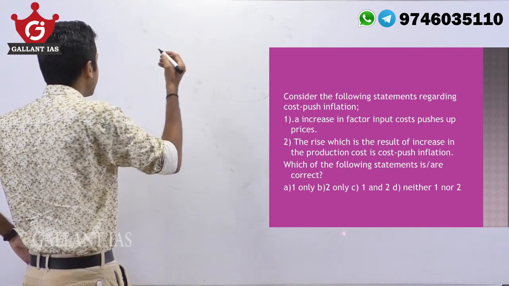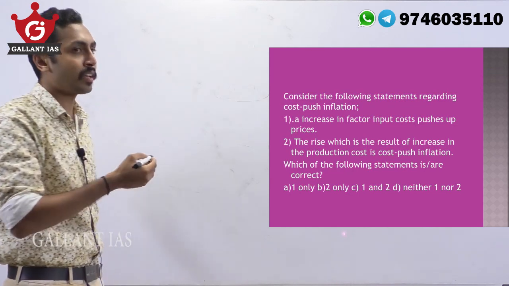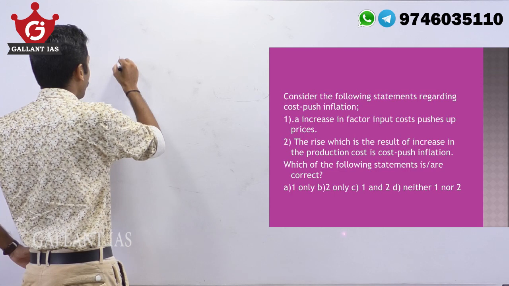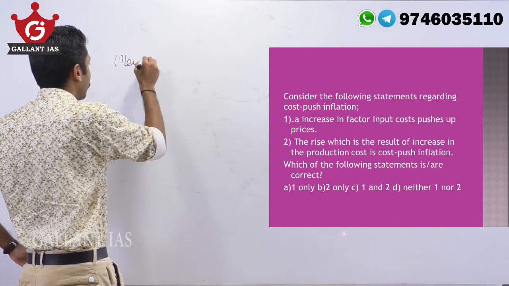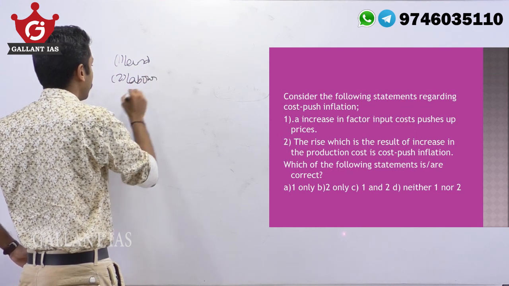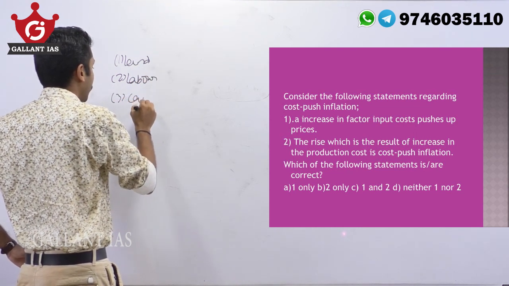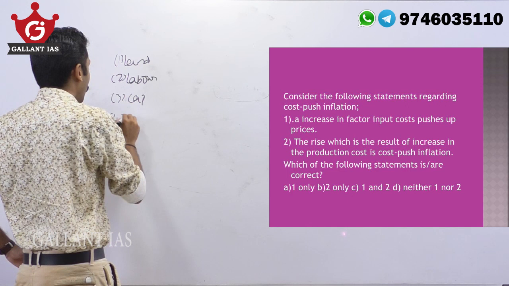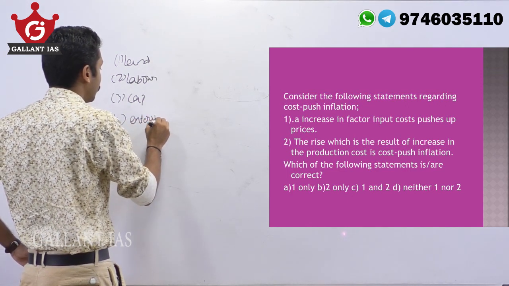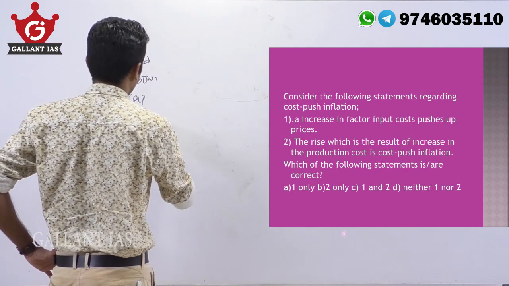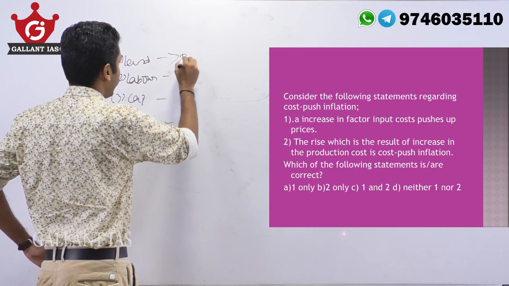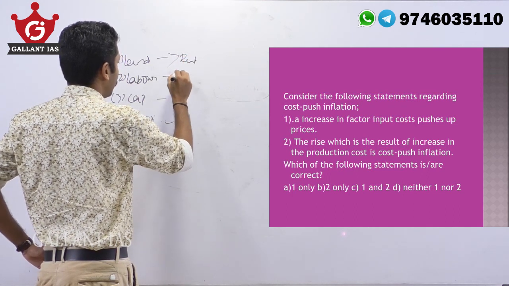How? To produce any commodities, any goods, in any economy, there are four factors needed: land, labor, capital, and entrepreneurship. All these factors have a cost. Land, we need to pay rent. Labor, wages.